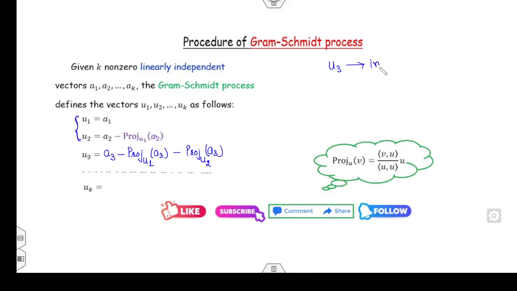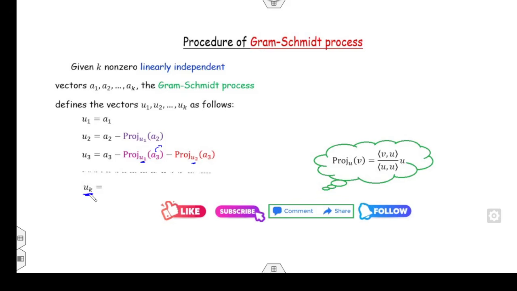You have to construct u3 in such a way that it is orthogonal to u1 and u2. That means u1 dot u3 must be 0 and u2 dot u3 must be 0. So that's why we constructed the projection of a3 on u1 and u2.